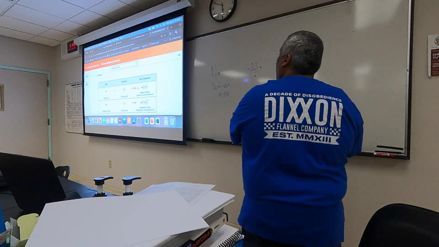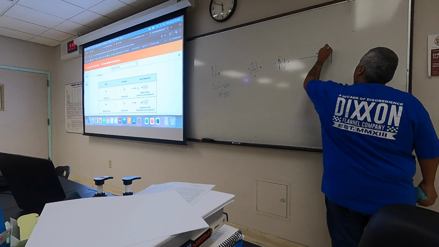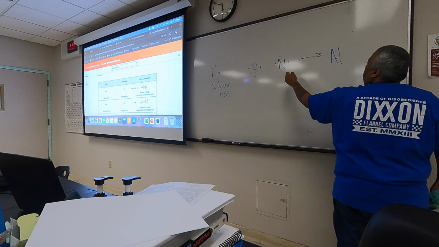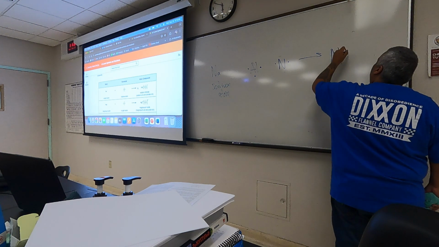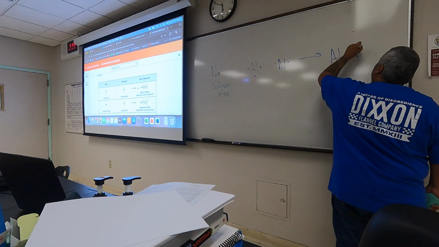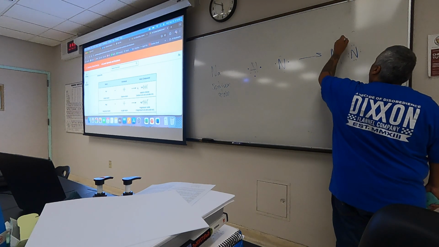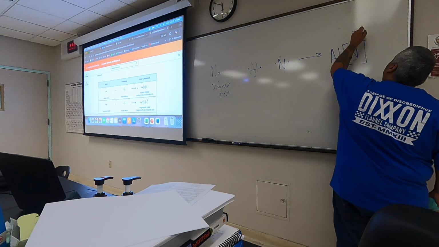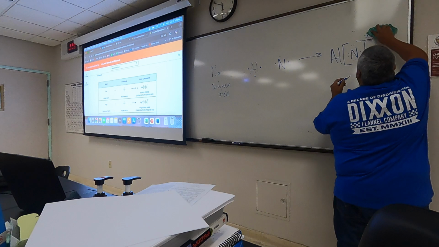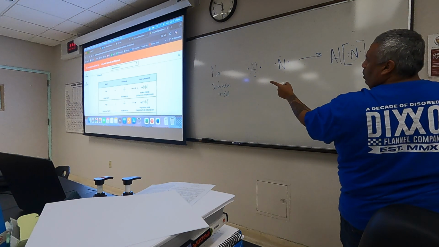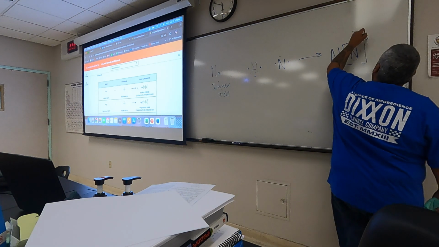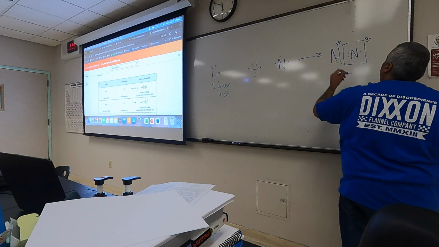So here we have our 2 elements, and then we're going to put aluminum here. It's going to gain these 3 electrons, so we're going to have nitrogen. We're going to enclose these in brackets, and then we would put the charges on the outside. So 3 minus, and this is 3 plus over here.